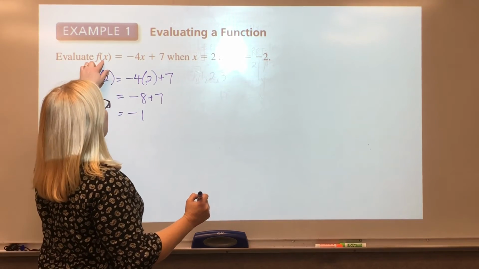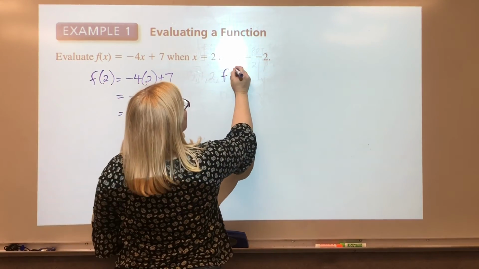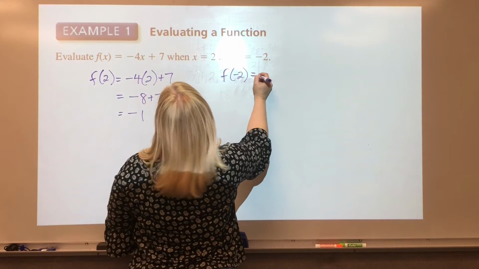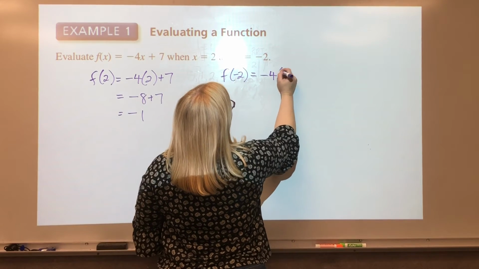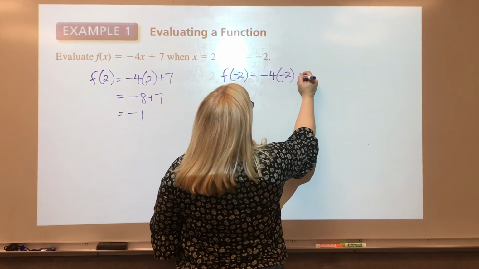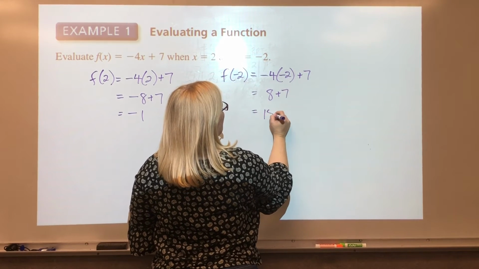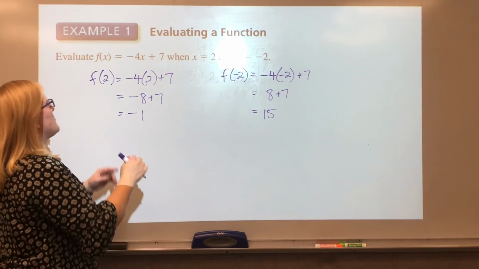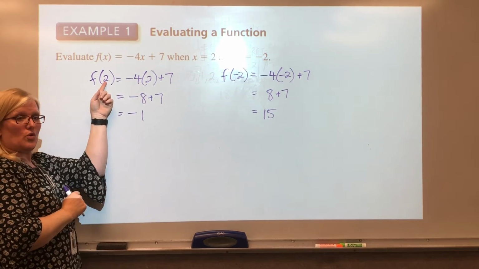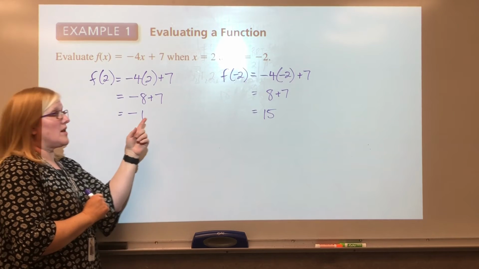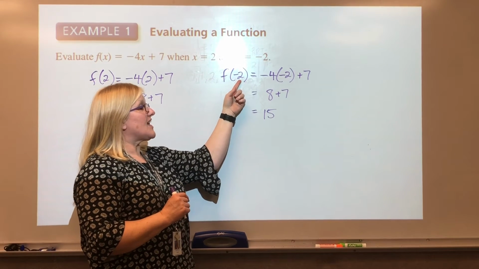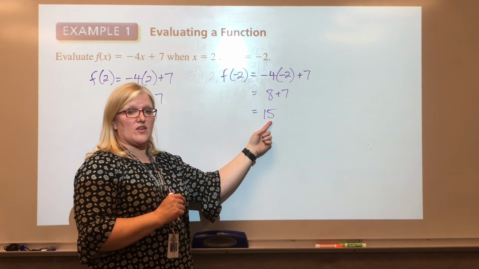And if I put in f of negative 2, then I have negative 4 times negative 2 plus 7. This is 8 plus 7, which is 15. So what this is telling me is when my x value is 2, my y value is negative 1. When my x value is negative 2, then my y value is 15.